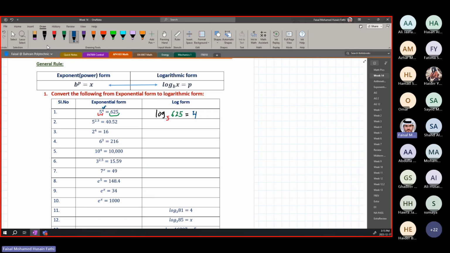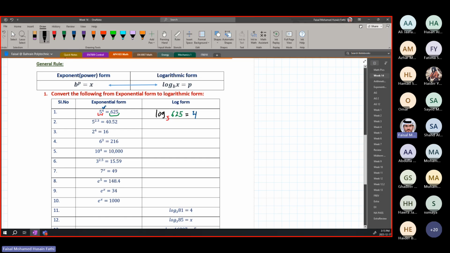This is how you transform any exponential equation into a logarithmic equation.